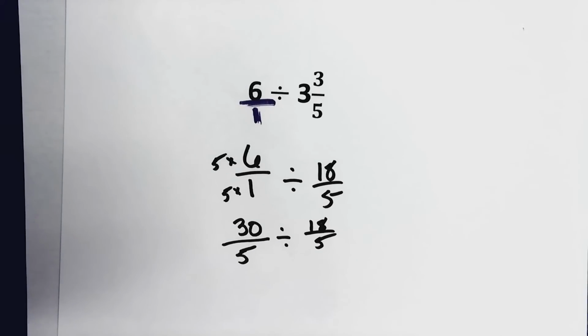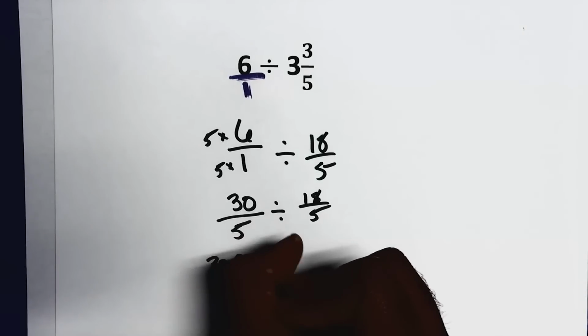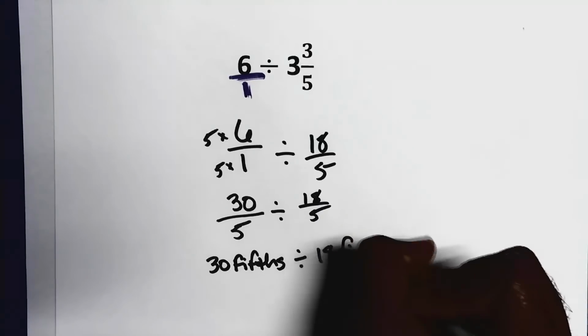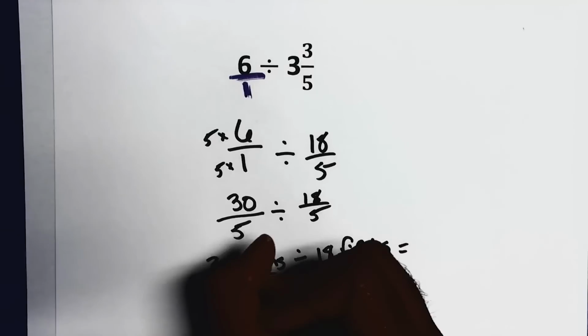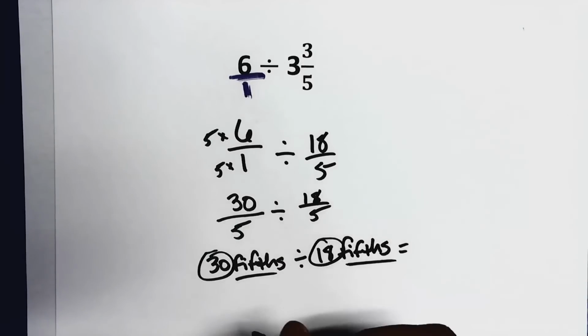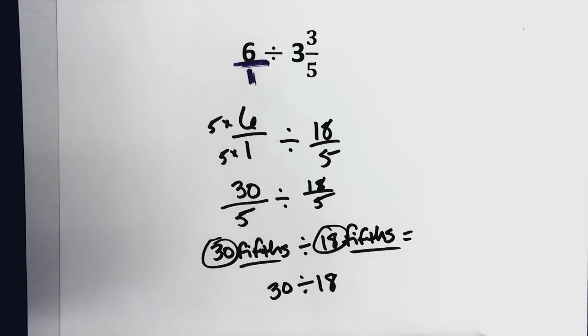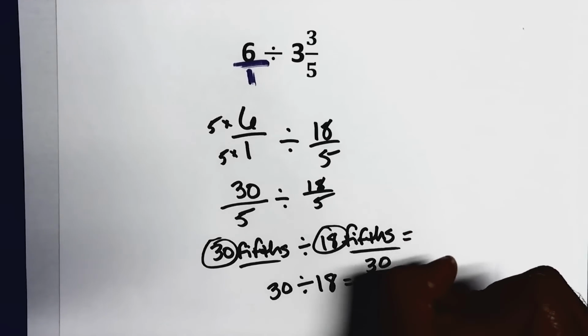So now, do my fractions have the same denominator or units? Correct. So now I can go ahead and start dividing. I know I have 30/5 divided by 18/5. So that's going to give me 30 divided by 18, which is 30/18.